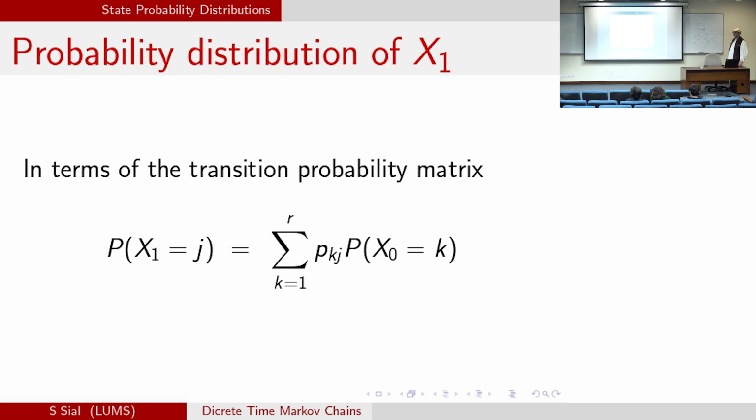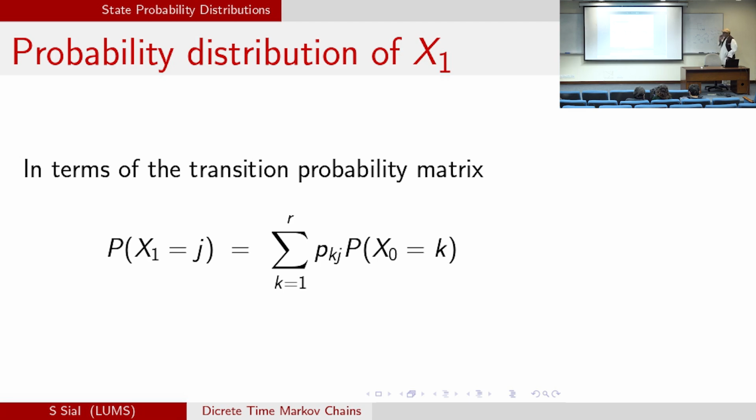If we think of x0 as being in state 1, then it would be 0.3 at the other end, and then given that we're in state 1, j will then be state 2, so that's going to be 1. So it's going to be 1 times 0.3, hence we're getting to state 2.